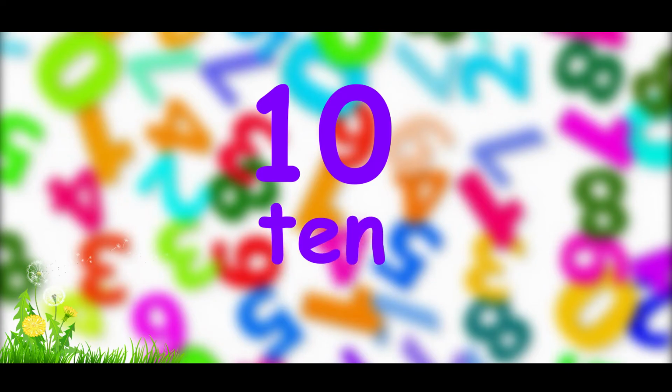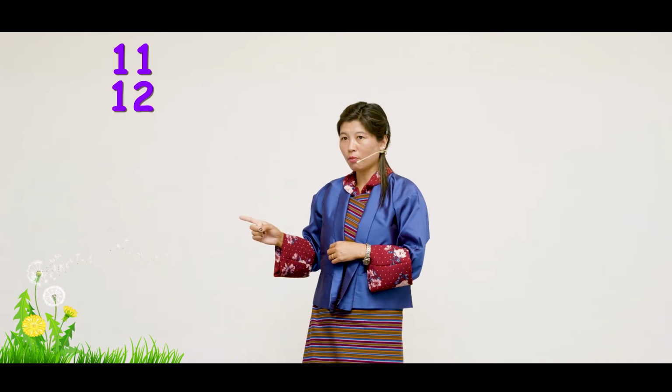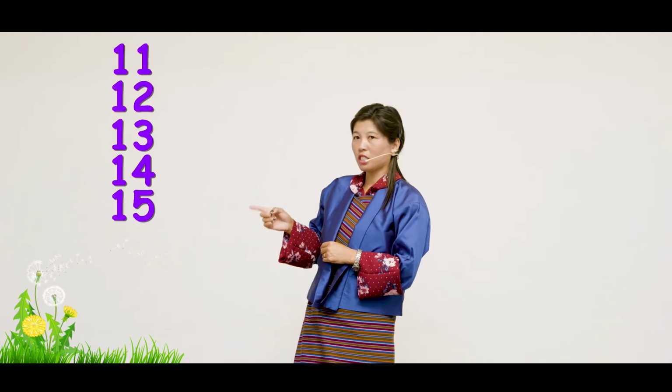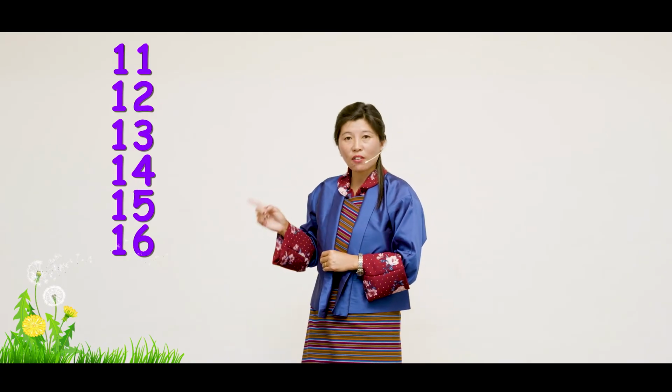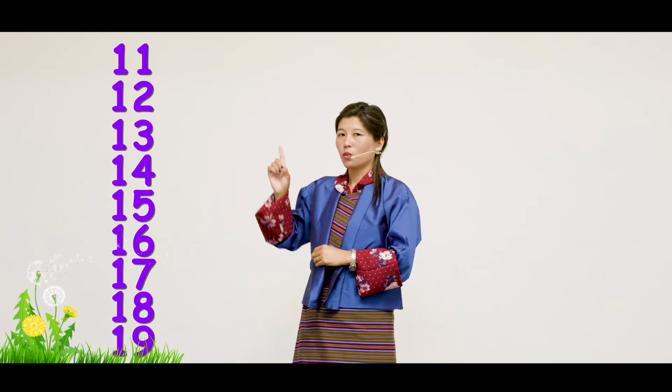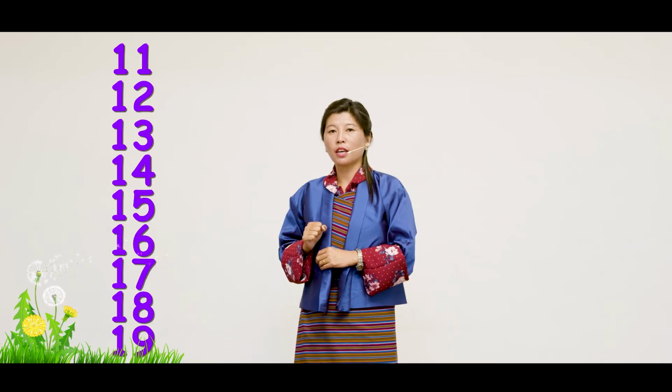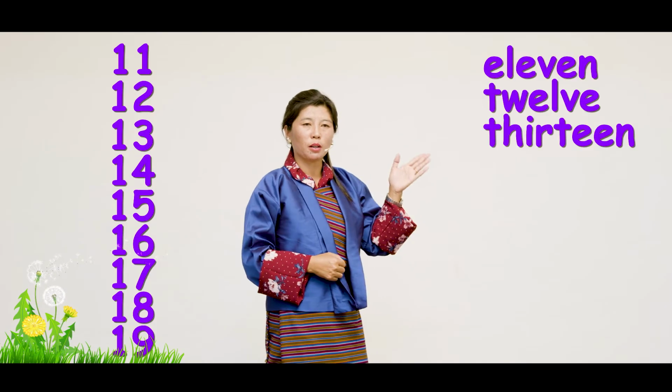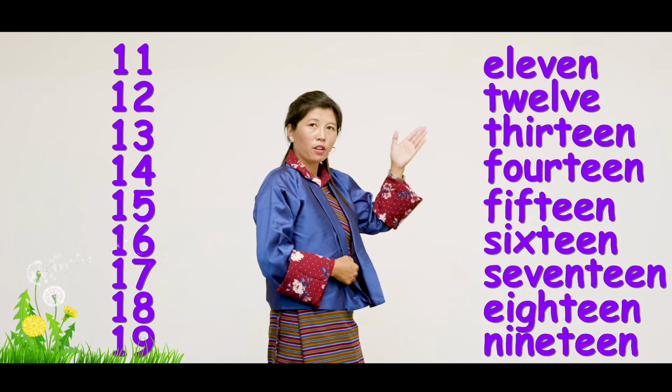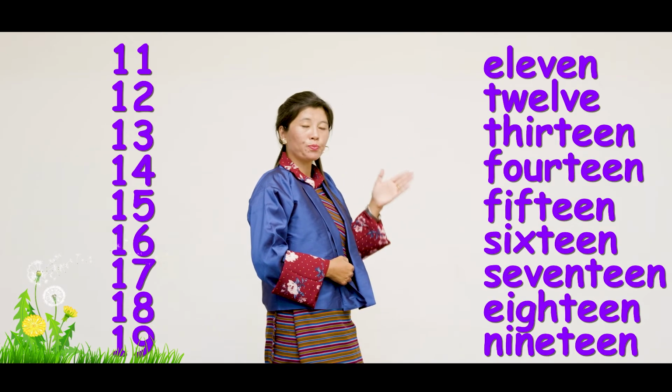T, E, N. Now we have 11, 12, 13, 14, 15, 16, 17, 18, 19. Okay, do you get that? We have these numbers. Now see how you are going to write these numbers in words from 11 to 19.